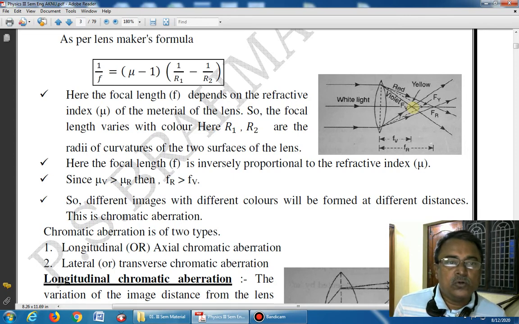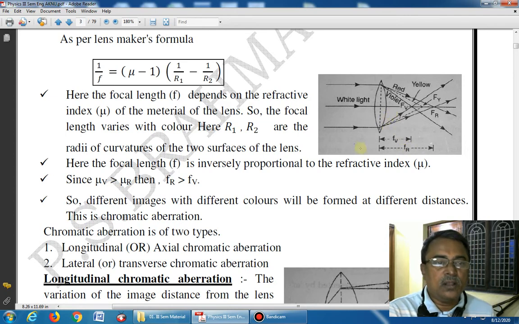I have already told you that the distance between the center of the lens and the principal focus is called the focal length, and these focal lengths are represented by small fv and small fr. Here small fr, that is the focal length for red, is more than the focal length of violet light.